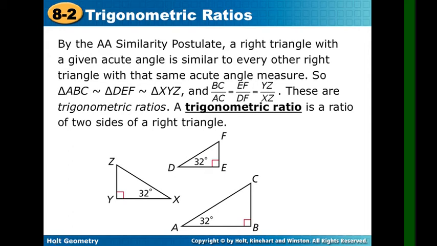So, therefore, these are what we call the trigonometric ratios. A trigonometric ratio is a ratio of two sides of the right triangle. Okay? So, halimbawa, this is a ratio. This one is a ratio. So, ang trigonometric ratio ay ratio ng dalawang sides ng isang triangle. So, halimbawa, ito nga, BC over AC is a trigonometric ratio.